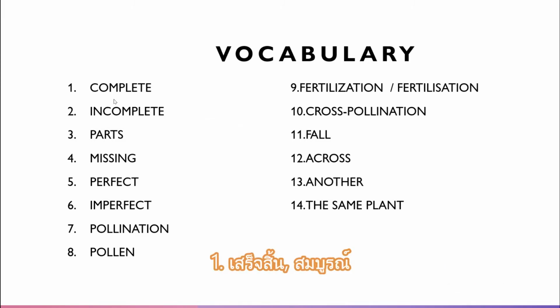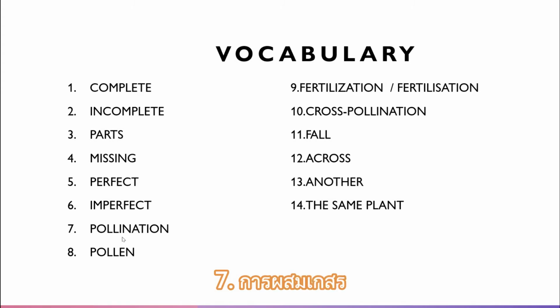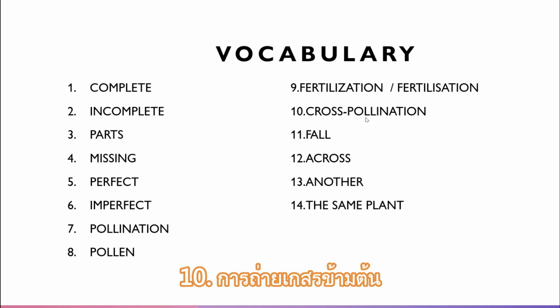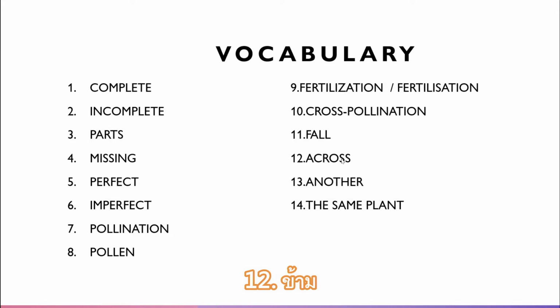Number 1, complete. 2, incomplete. 3, part. 4, missing. 5, perfect. 6, imperfect. 7, pollination. 8, pollen. 9, fertilization. 10, cross pollination. 11, fall. 12, across. 13, another. 14, the same plant.